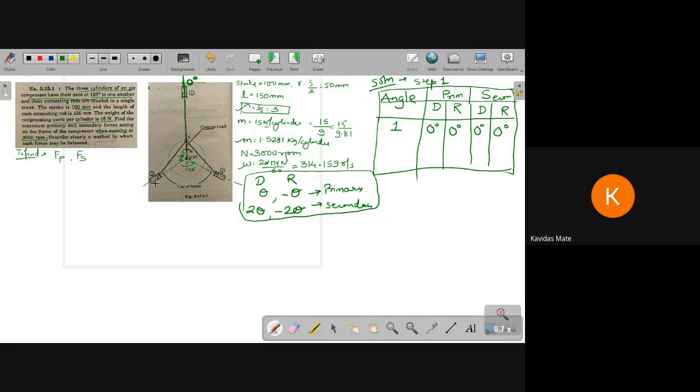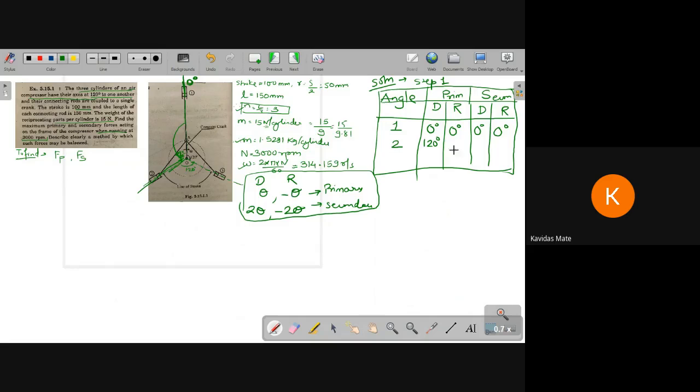Next, coming to the second. The second is placed at an angle of, okay, if we consider this to be 0, then this angle till the second, that means this line and this line, is 120 degrees. If we are measuring in this direction, that is the Cartesian coordinate system, it becomes 120 degrees. So theta is 120.